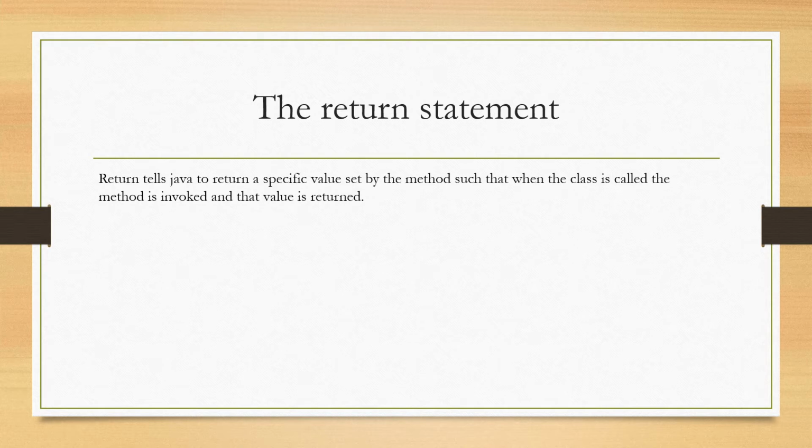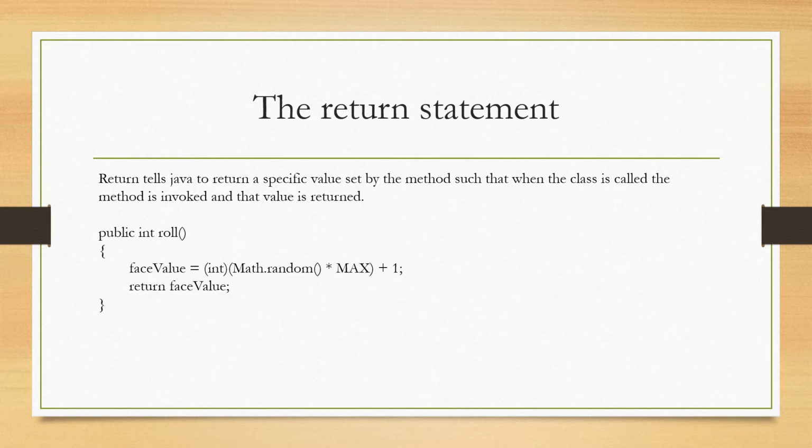Return tells Java to return a specific value set by the method, such that when the method is called, it is invoked, and the value is returned. Here we have a method called public integer roll. When this method is called, it will return an integer value. We know this because the method roll is set to an integer.